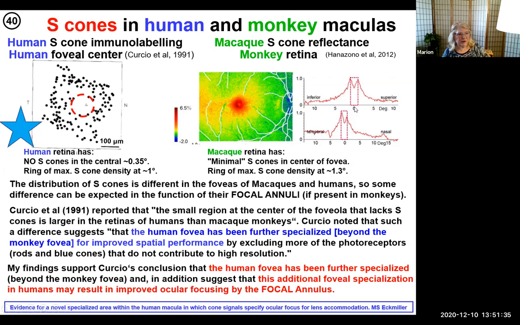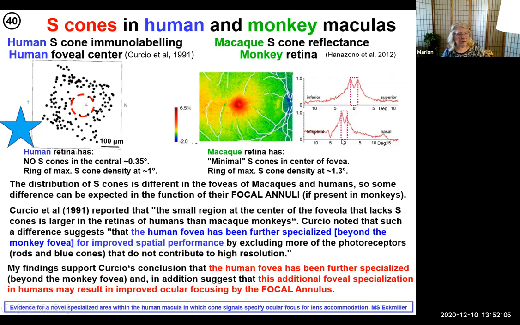And here is the center of the fovea, and I have put these little lines on it. There's what they called a minimal number of S-cones in the center of the fovea, but it's still quite a high number of S-cones there at the middle. And then there are more S-cones in an annulus, which they say in monkeys is at 1.3 degrees retinal eccentricity.